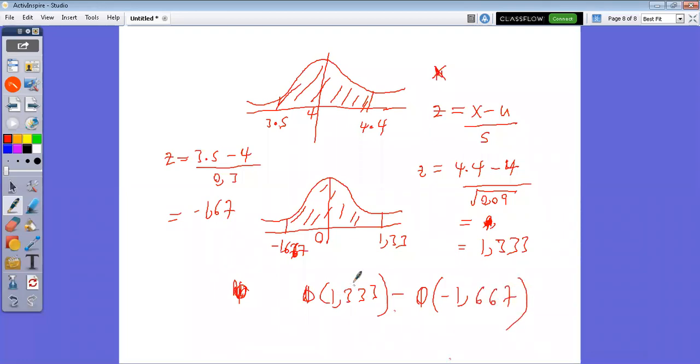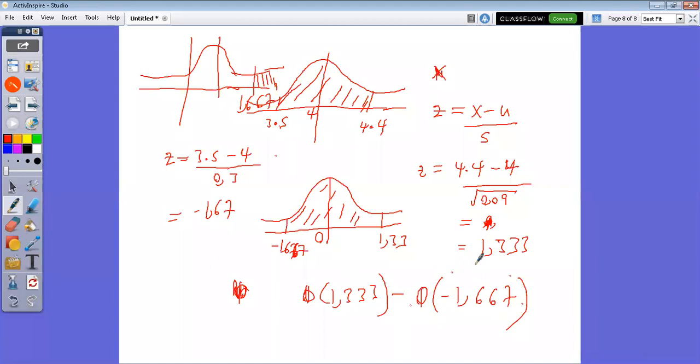Phi of this gets you this, then phi of this negative, which is the same as phi of a negative value. Your graph doesn't give you a negative value, so you think of the positive value of 1.667. So this is the area that you need to take away. If you need to take away this area, it's simply what? We talked about it. 1 minus what?